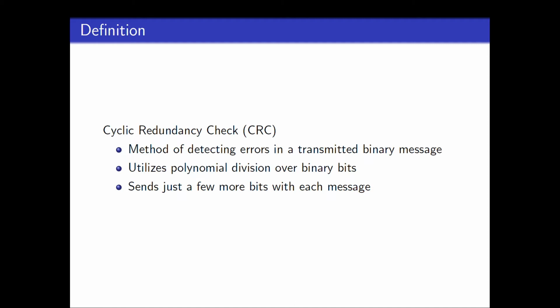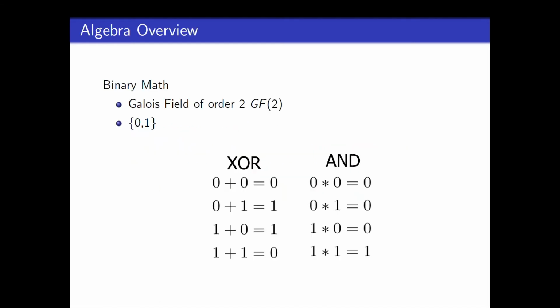And it manifests itself in just simply sending a couple more bits along with the information that you were able to send. And those bits tell the receiver everything they need to know on whether or not they're receiving the correct information.